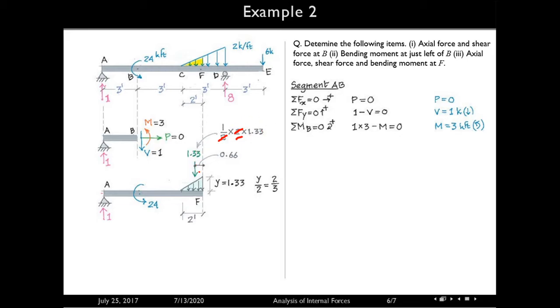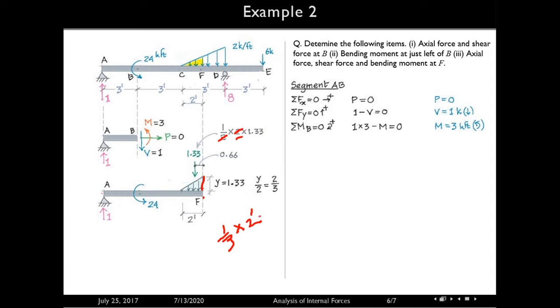So this 1.33 will be acting at a distance of 1/3 of its base. We have taken the base as 2 feet, so 1/3 from the larger point, and 2/3 from the smaller point, smaller side. As this is the larger portion, from here the distance of the centroid where the load will be acting will be 1/3 into base, which is 2 feet.